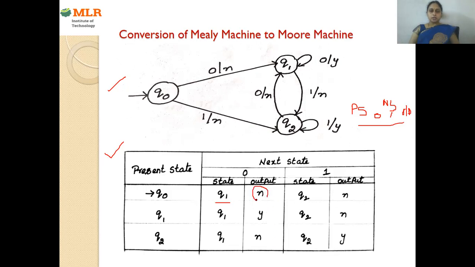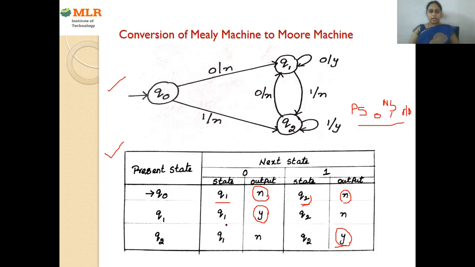On Q1 you are finding the output N, and on Q1 you are also going to find the output Y. In a similar way, if I observe Q2, on Q2 I am finding the output N, and in the other case I am finding Y. That means I am getting two different outputs on the same state.